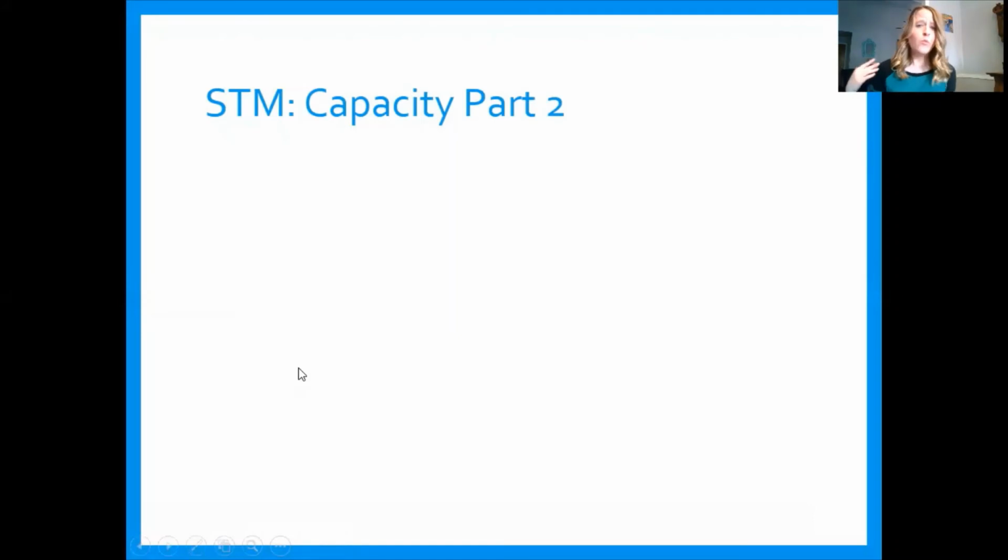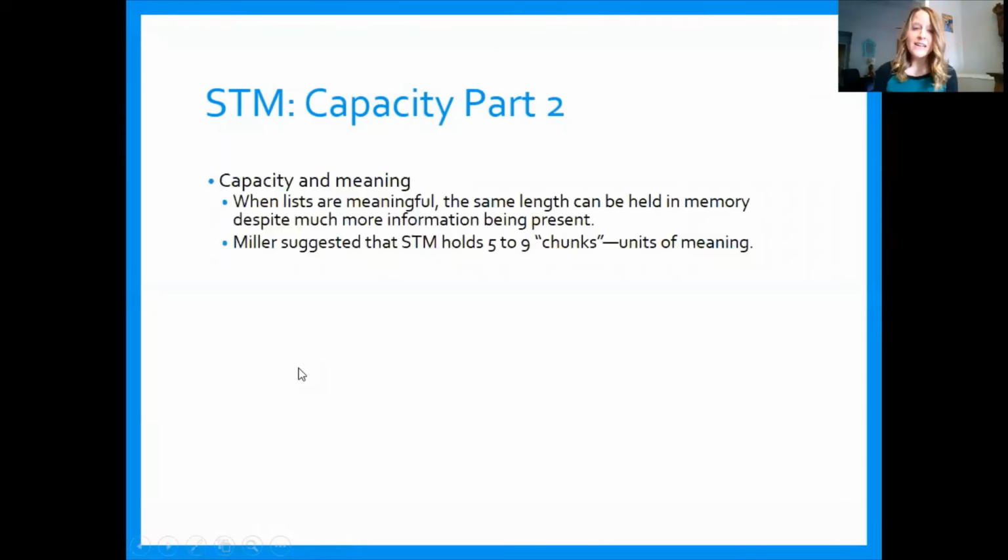What seems to be the case is that, as the individual mentioned, he practiced and prepared for months. So these individuals train and develop strategies that allow them to make better use of this limited capacity. And so rather than being 5 to 9 digits, instead, the short-term memory capacity seems to be 5 to 9 pieces of information.